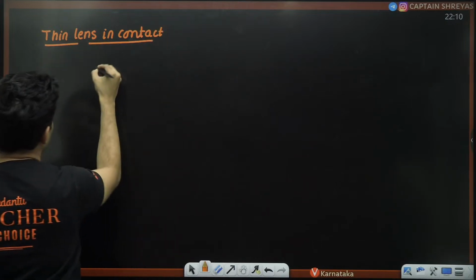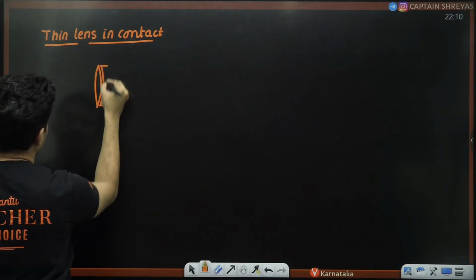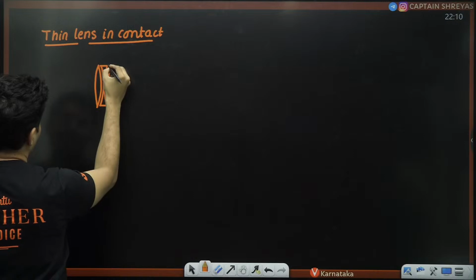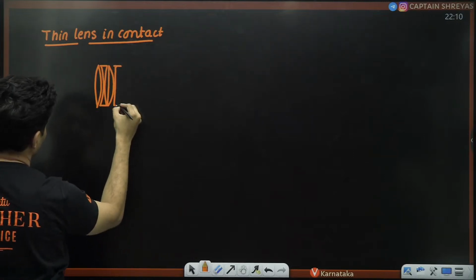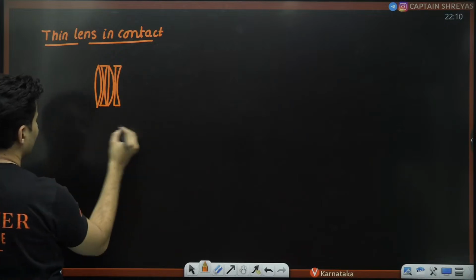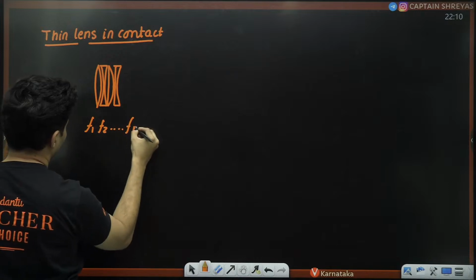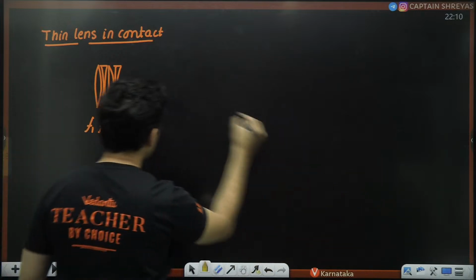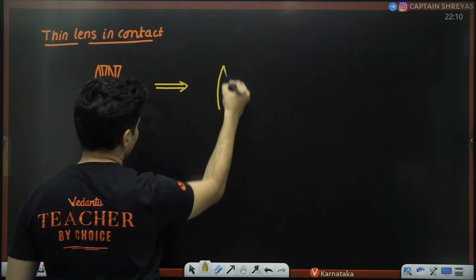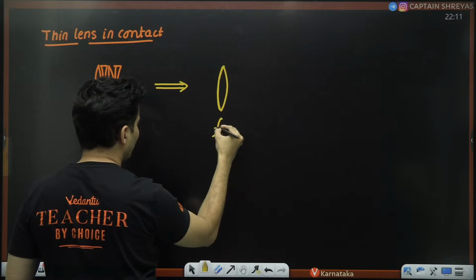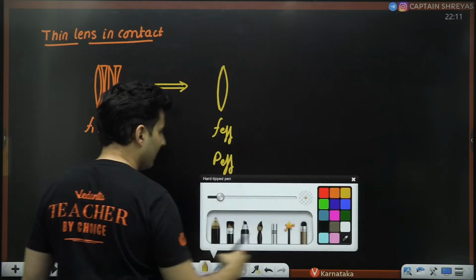And when that happens, that means you have very, very thin lenses, maybe like this, like this, like this. These are thin lenses in contact, each having focal length f1, f2, like that, fn. All these lenses can be converted into a single lens of a new, effective focal length, and in fact, even an effective power.